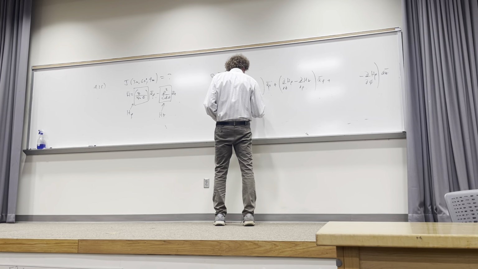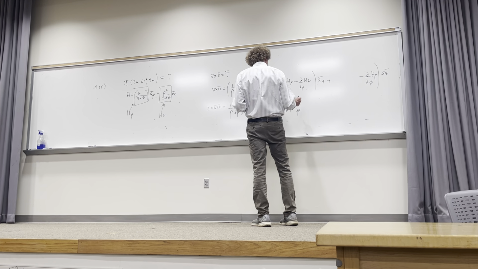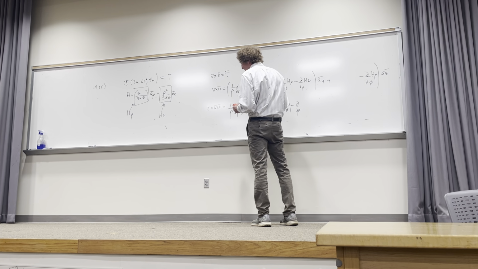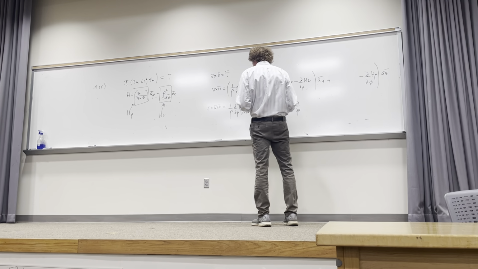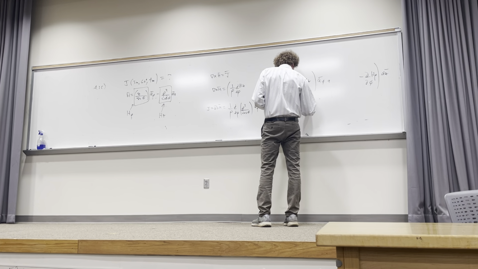Minus the derivative with respect to z of H z, which is rho squared. It's actually minus rho squared over cosine phi. And this should be a minus right there.